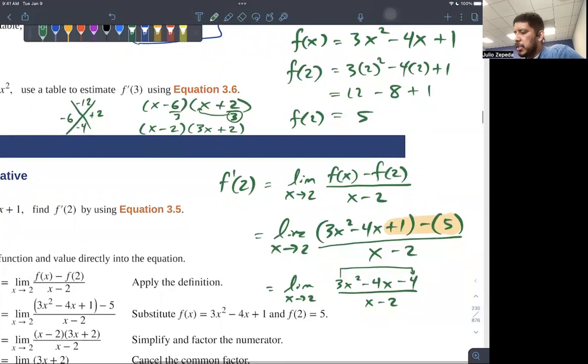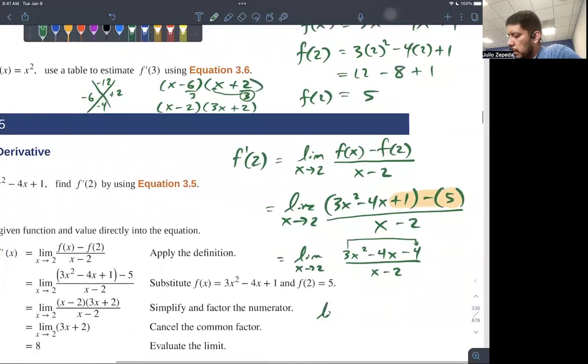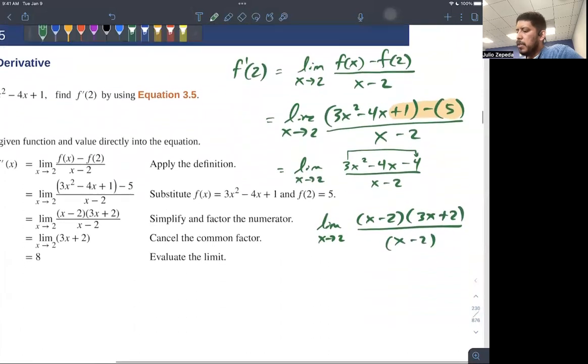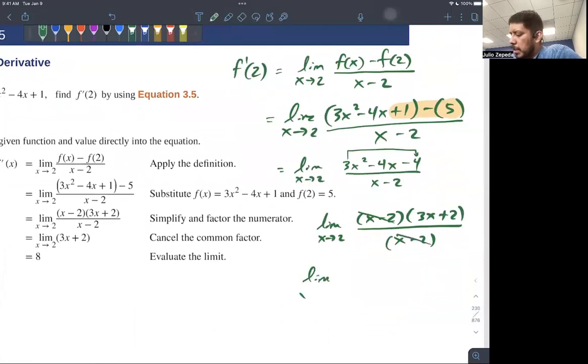And so after factorization, I get x minus 2 times 3x plus 2, divided by x minus 2. Nice. I'm going to be able to cross out the x minus 2's, and so I get the limit as x approaches 2 of 3x plus 2.